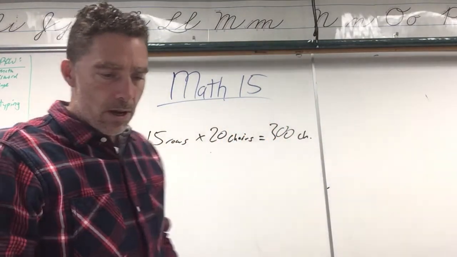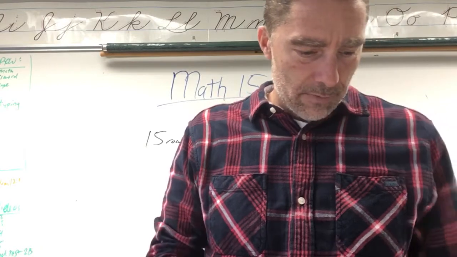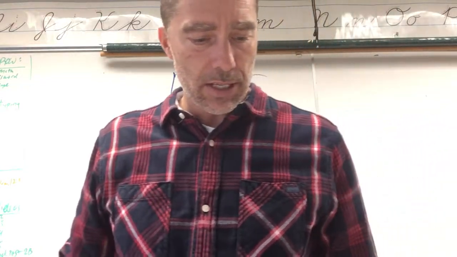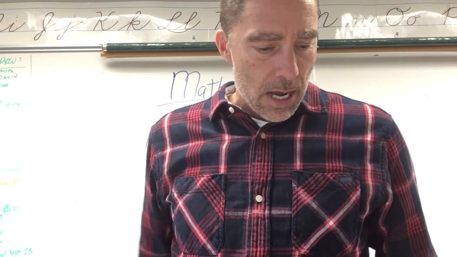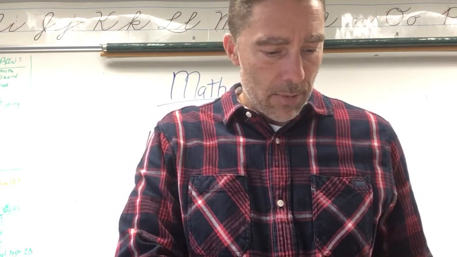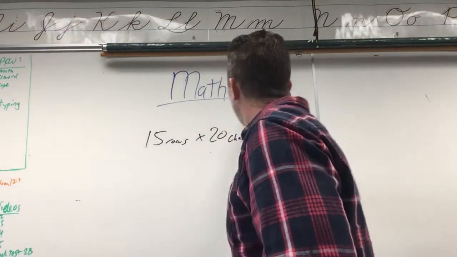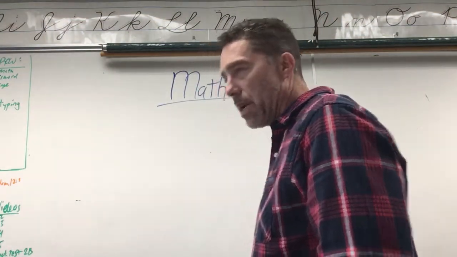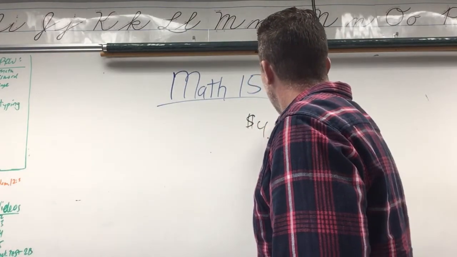Okay? Let's use an example from the book. It says Marcy collected $4.50 selling lemonade for 25 cents for each cup. How many cups of lemonade did she sell? Well, do we know the total? And in this case, it said she made $4.50, or that's what she got from selling.